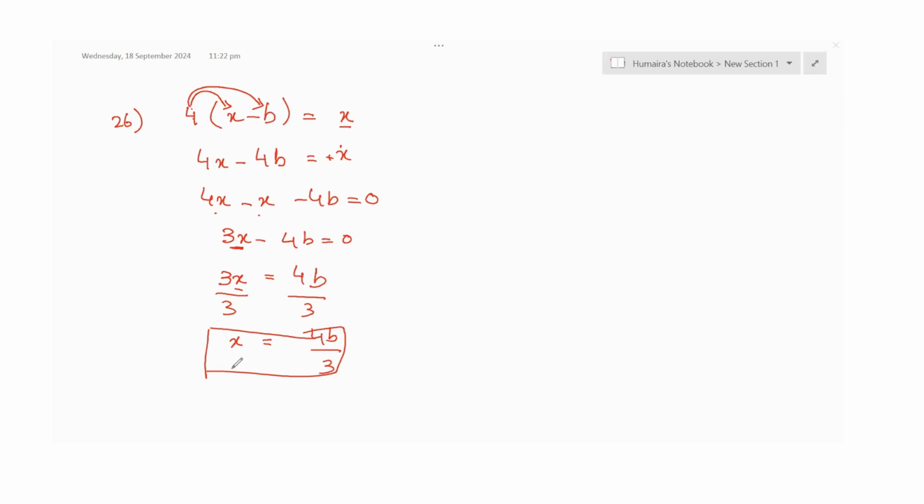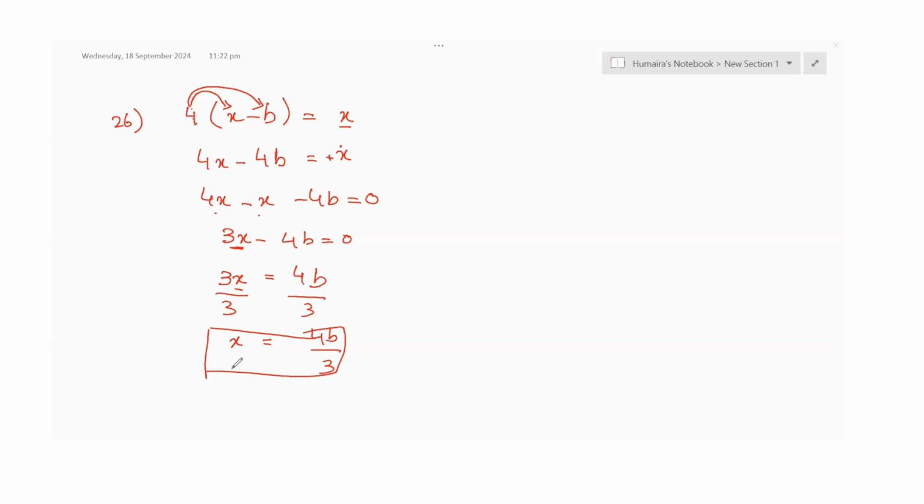I'm going to see if I understand. So first you have to do the distributive property. You multiply 4 times x minus b, which gives you 4x minus 4b. And since the x is positive and is going to the other side, it becomes negative. Then you subtract 4x and x, which gives you 3x minus 4b.